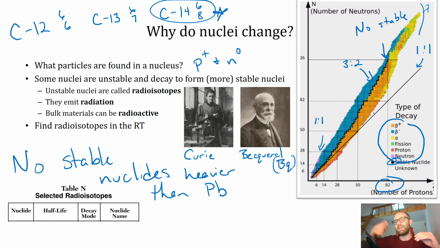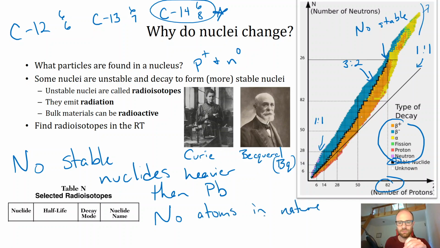There's a hope that if we keep getting into heavier and heavier particles, eventually we will discover an island of stability where things suddenly become stable again. Hasn't happened yet. But above lead, you don't have any stable isotopes, and then no atoms in nature above uranium.